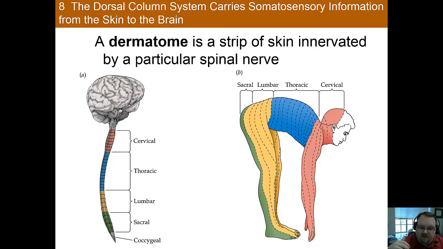If you have a spinal cord injury, you'll retain sensory information above that injury, but not below it. Let's say the injury was here, everything above that will still be intact. It'd be everything below it that would not be intact.